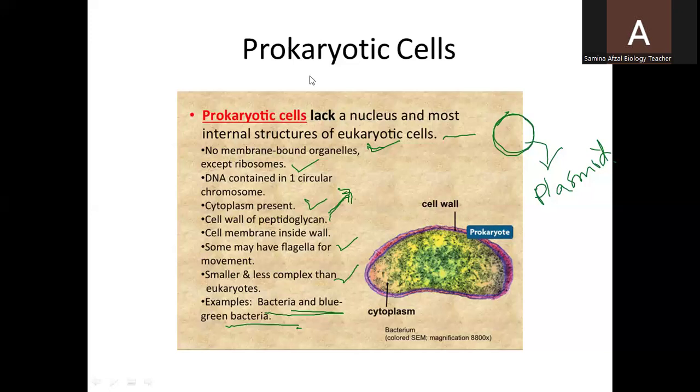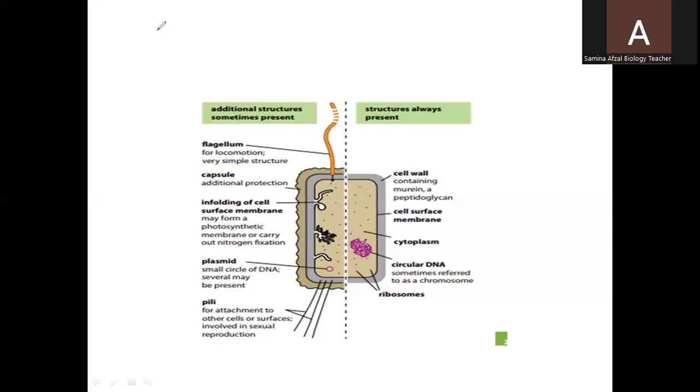So if we compare the different types of prokaryotic cells, then we can see that some of them are without flagella, and some of them are with flagella and other parts of the cell. So we will discuss the structures which are always present in all types of prokaryotes. The cell wall is always present, and it is made up of peptidoglycan.